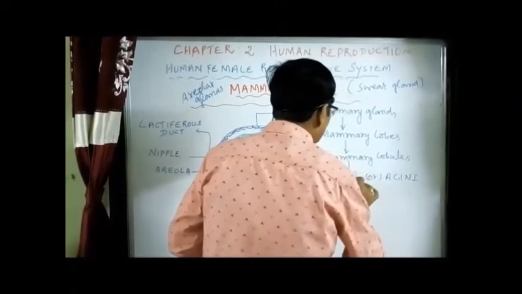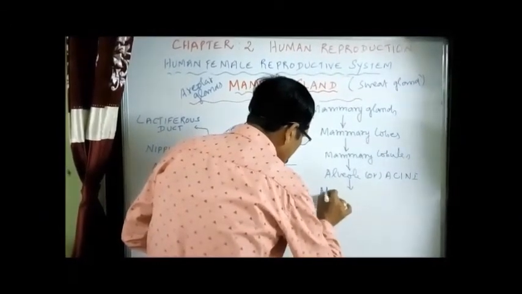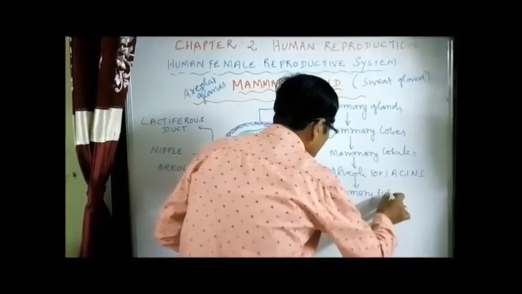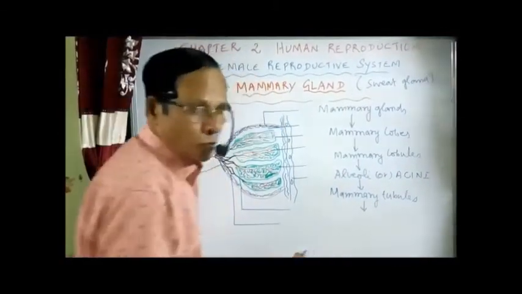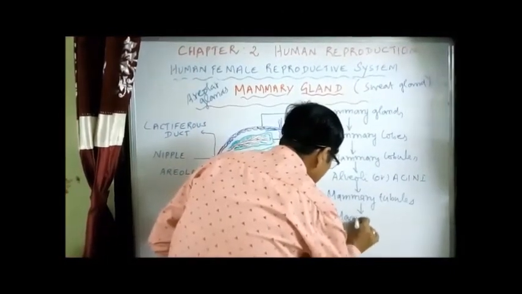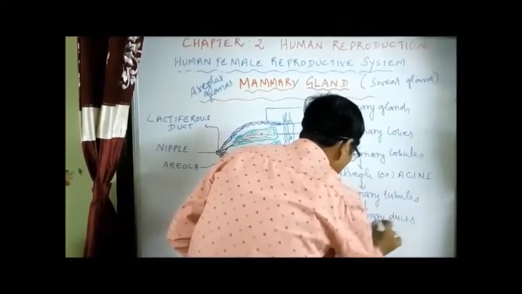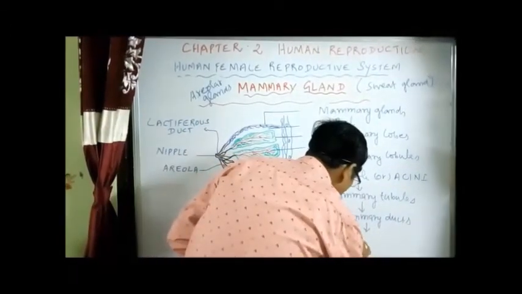From the alveoli or acini we have mammary tubules. The mammary tubules of each lobe join together to form mammary ducts. Then each mammary duct enlarges to form a mammary ampulla.